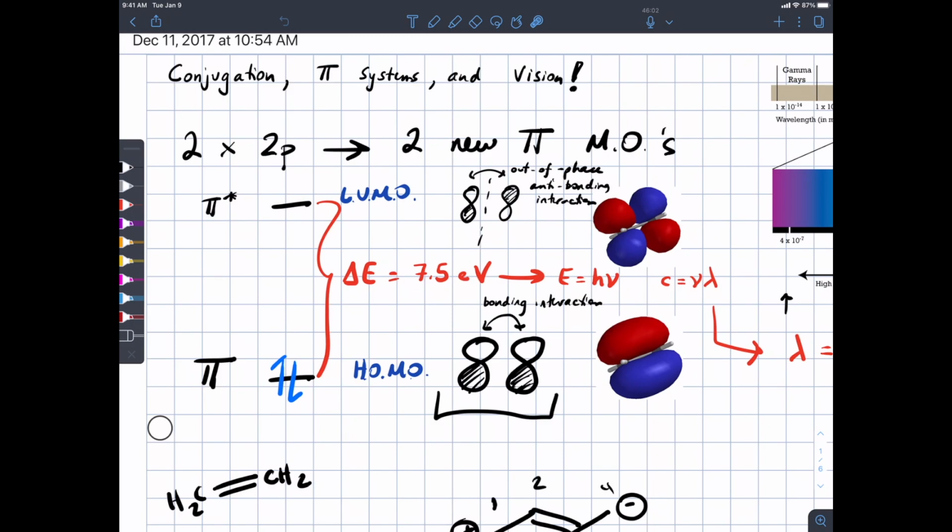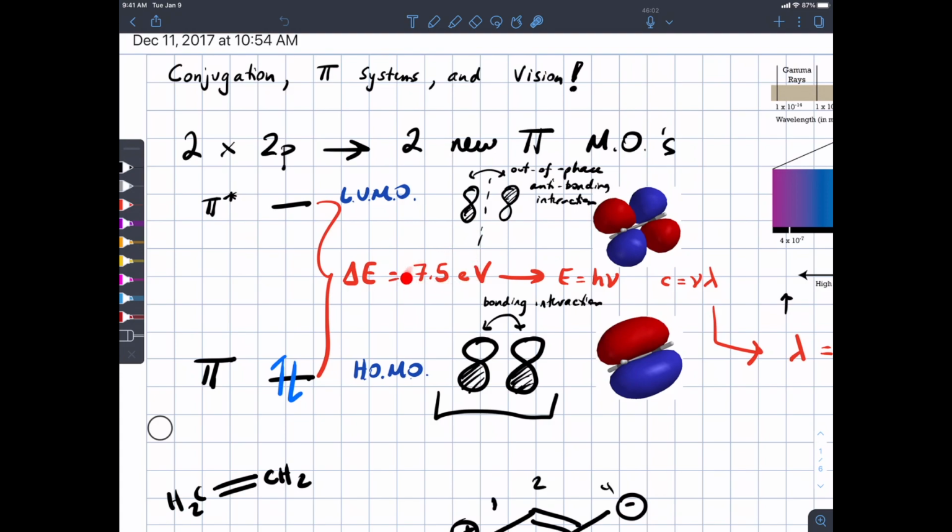Okay, well, if you calculate the difference in energy between HOMO and LUMO, and this is a number from Spartan, 7.5 electron volts. You don't need to write that down or remember it, just putting that in context.